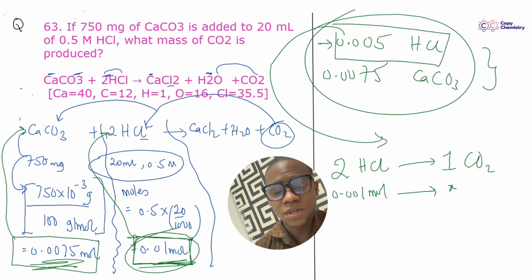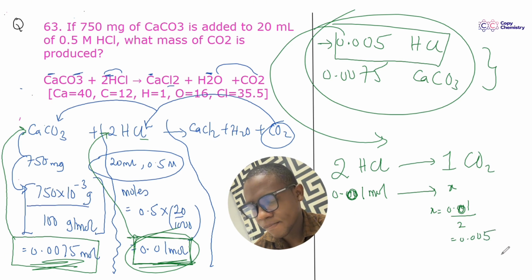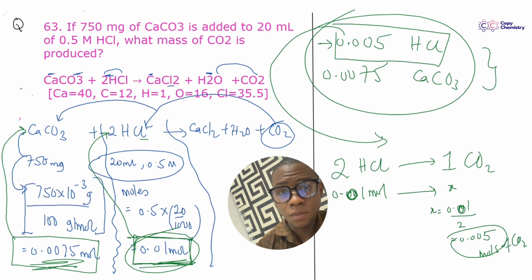That's just going to be divided by 2. So our x here becomes 0.01 divided by 2, and that gives us 0.005. That is the number of moles of CO2 that will be formed.